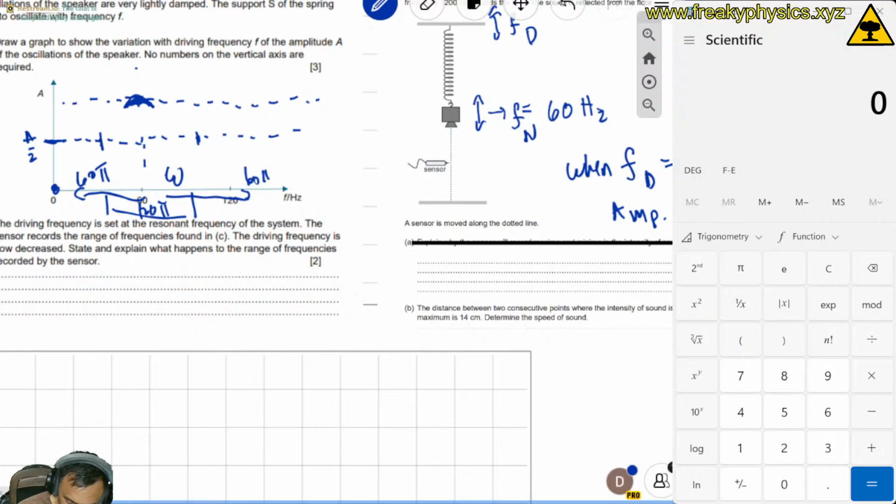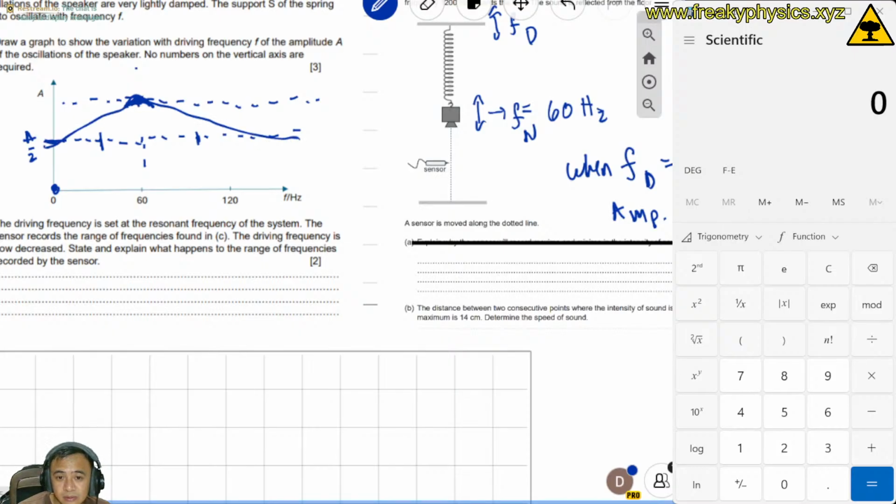I don't think we're going to go to that deep of a level, but basically it's going to be around 360, right? So you're going to get some sort of curve like this.